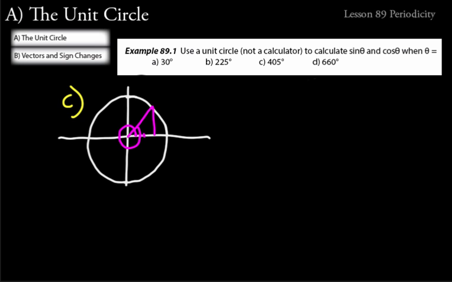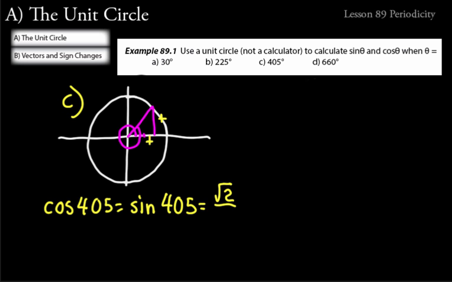So we're going to say here that cosine 405 is equal to sine of 405. Both of those are positive, right? And they're both equal to each other. Since it's a 45, 45, 90, they're both going to equal square root of 2 over 2. And so that would be our answer for both of those.